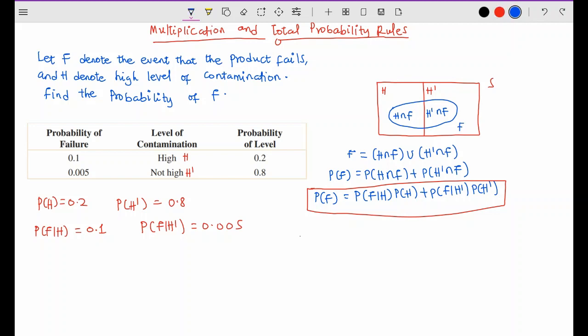Let's go back to the formula and do the substitution. The probability of F will be equal to the probability of F given H, which is 0.1, multiplied by the probability of H, which is 0.2, plus the probability of F given H prime, which is 0.005, multiplied by the probability of H prime, which is 0.8.